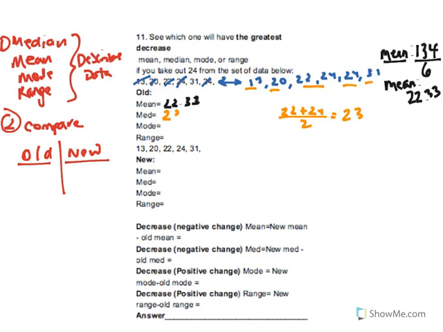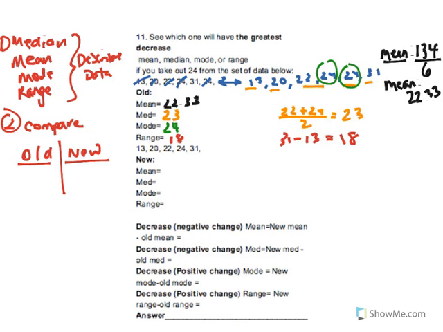Our median here is 23. The mode is the number that comes up the most. We have 24 here, 24 here. Every other number is just one time. Our mode is 24. And then the range is the largest number minus the smallest number. Our largest number here is 31 minus the smallest number, which is 13, and we get 18.